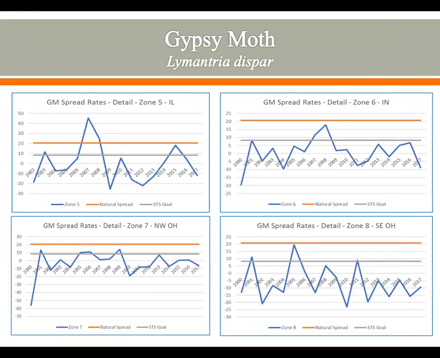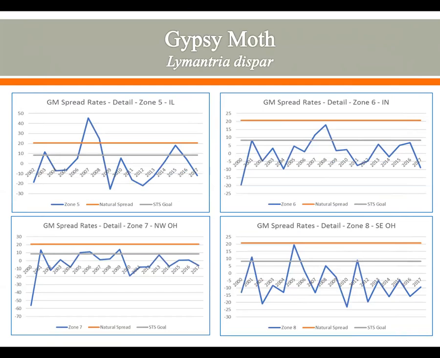There is one little spike there in Illinois in 2015, and that was attributed to the fact that the program manager had to leave for a little bit due to health problems, and there was not much action, no treatments done for a year or two while she was gone. So things did pop up, but she's back to work now and she's getting things under control and doing a great job. Indiana is doing a good job.